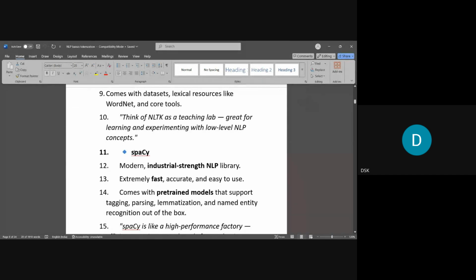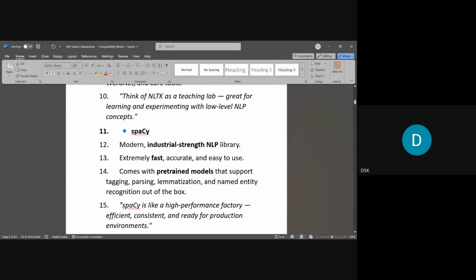As for spaCy, that is a modern, industrial-strength NLP library. It is very fast, accurate, and easy to use, and it comes with pre-trained models that support tagging, parsing, lemmatization, and named entity recognition out of the box.